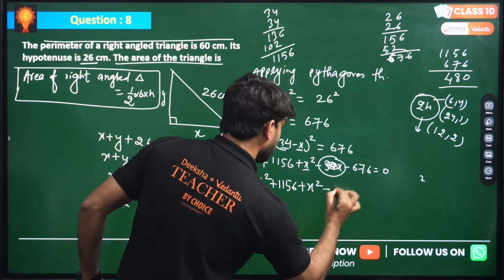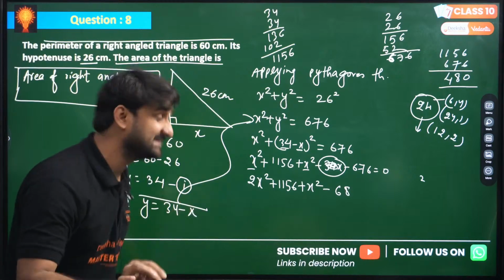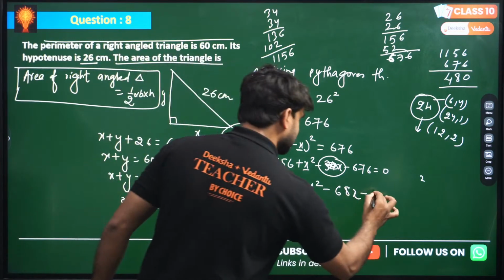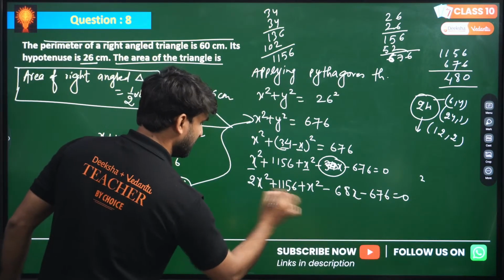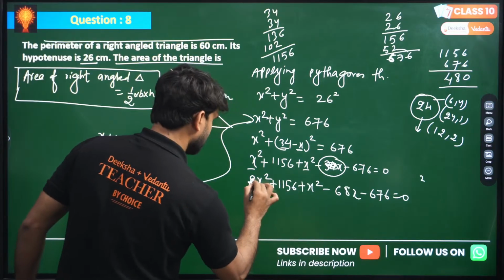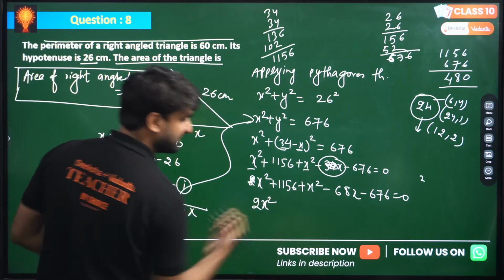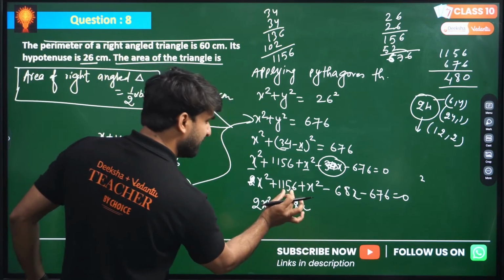So it would be 68 that will be there. Yes, 68 will be there. x minus 676 equals to 0. Okay, so x into x, this I'm writing here. So now you can write 2x square minus 68x and 115x minus 7.